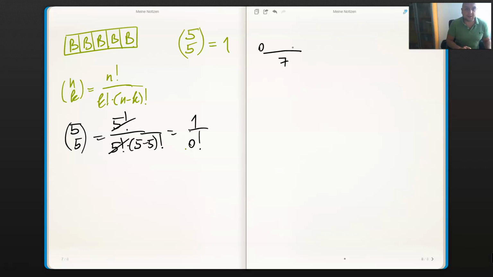Also, in order to apply the power rules, at some point we've been discussing why it makes sense to define 7 to the power of 0 to be equal to 1, in order to better describe the reality that we are able to see and we are able to live in. And what about the situation here on the left-hand side? Well, if we're dividing by 0 factorial, the outcome should be 1, because this is what we see, all right?